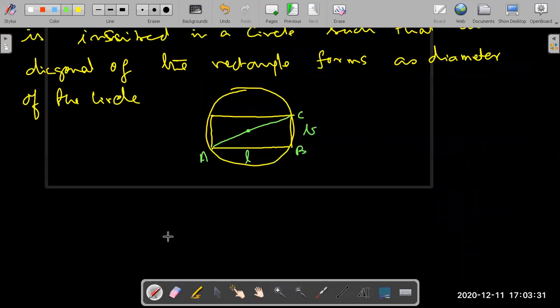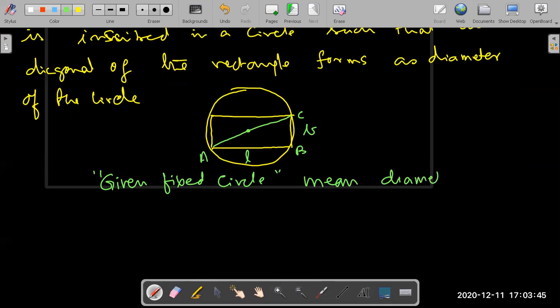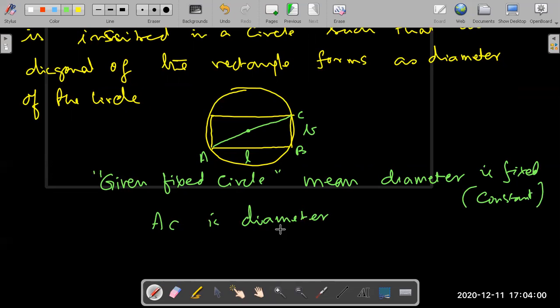Now it is said that for a given fixed circle, these are the words he has used. Given fixed circle means the diameter is fixed, means the diameter is constant. So how do I get the diameter? AC is the diameter of the circle.